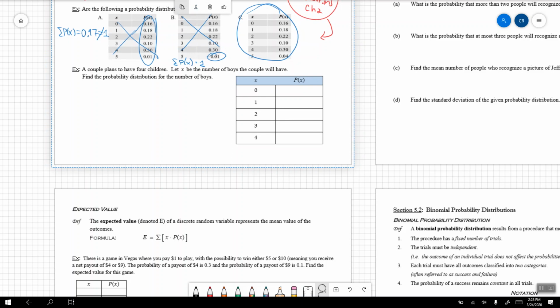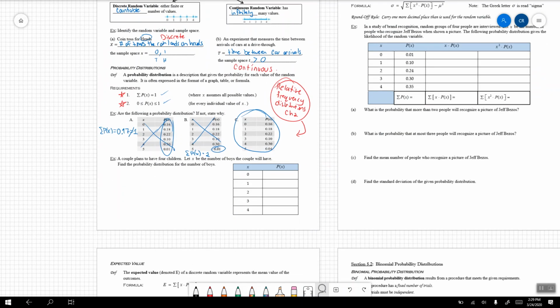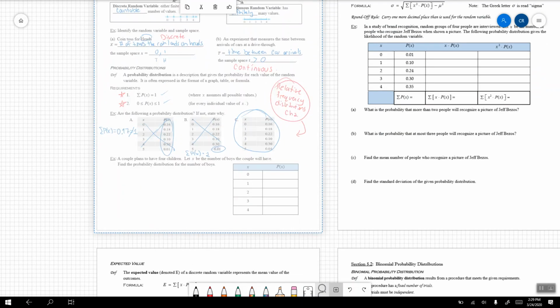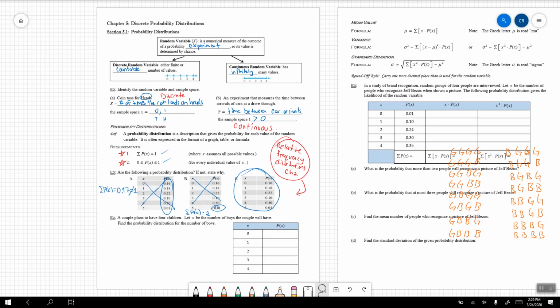Let's see. I don't know what that button does. Nope, that button does copy, but I cut everything, so let's see. Whoa, what happened? Yes, let's go to paste. Whoa, there it is. Okay.